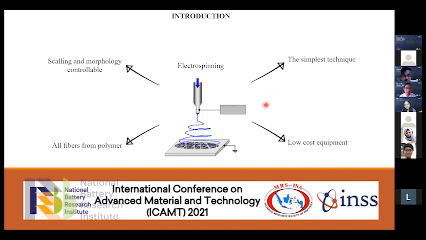Electrospinning can also produce nanofibers from all kinds of polymers. And we have to know that electrospinning can also be scaled and control the morphology.